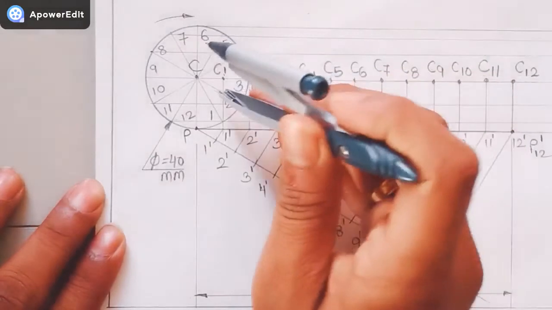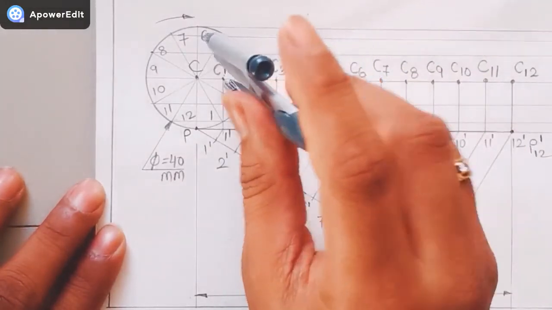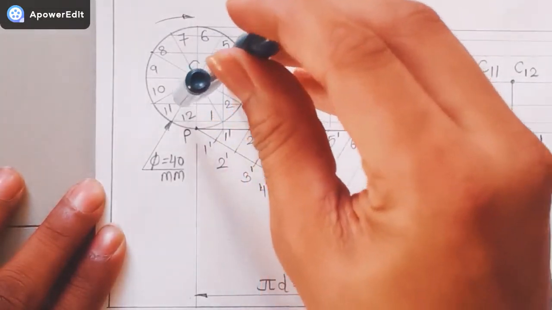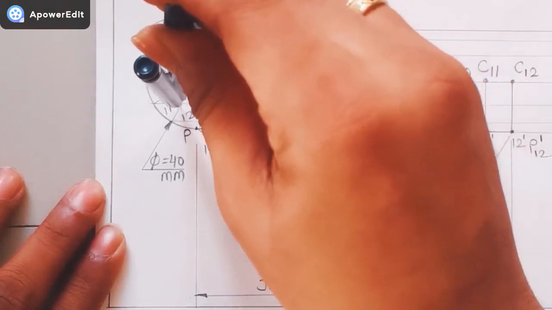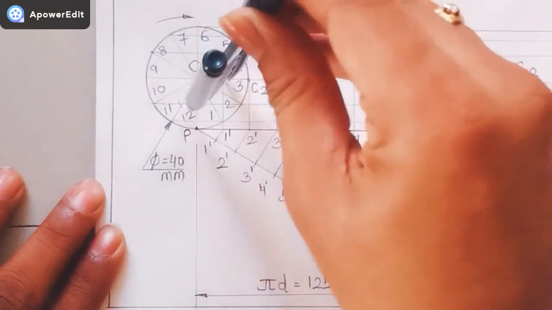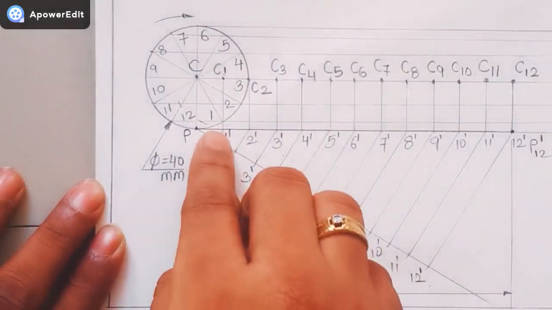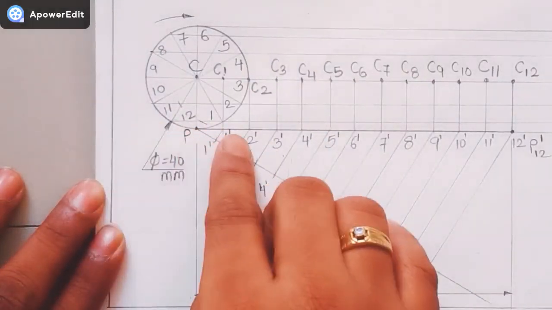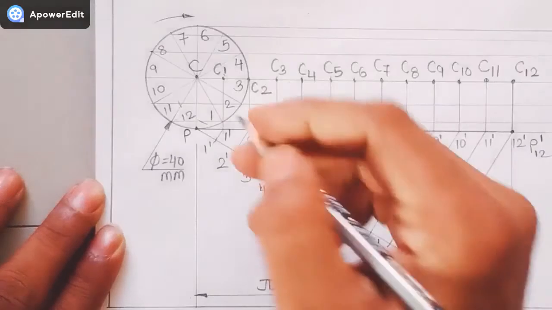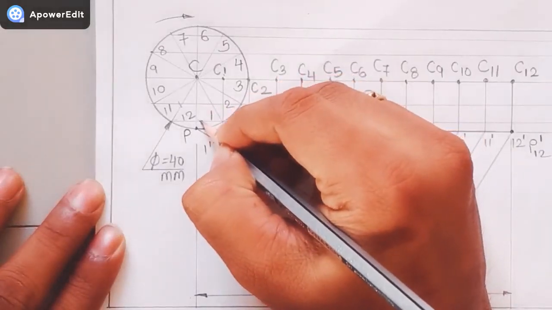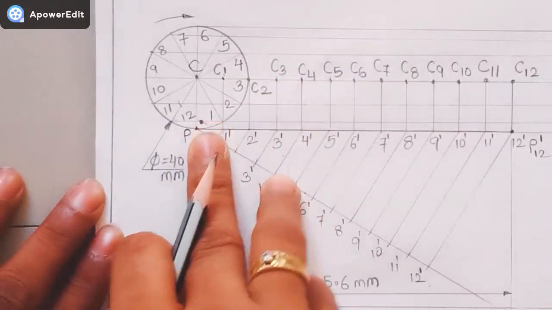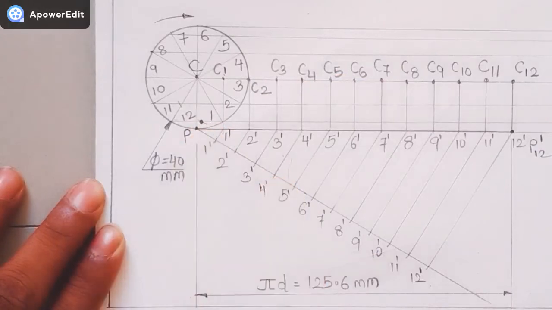For example, from the center C1, I will plot a point that will be passing through the points 1 and 11. I have plotted a point that will be passing through the points 1 and 11. So this point will be your point P1.